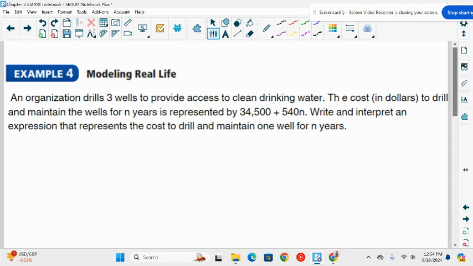So $34,500 is our constant. That's how much it costs to make the well, plus $540 per year to keep it up. Okay? Write and interpret an expression that represents the cost for 1 well. How many wells is this the cost for? That's for 3 wells.